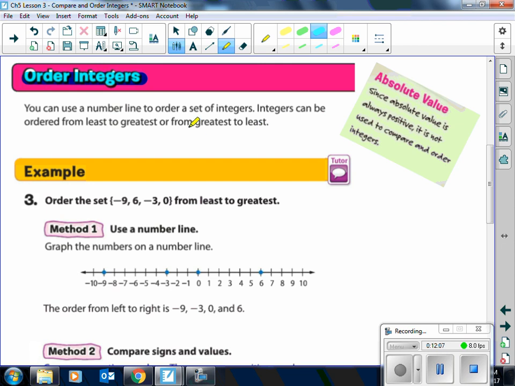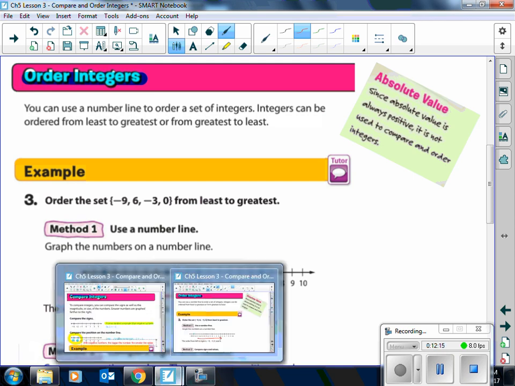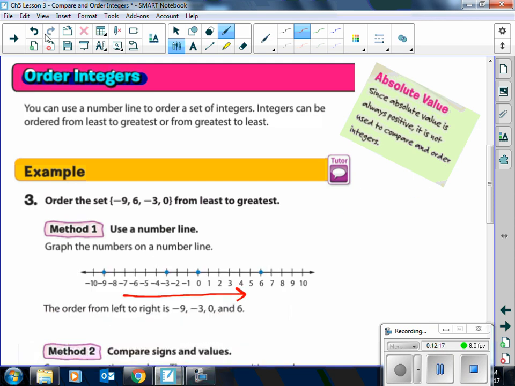If we're looking at a number line and going from least to greatest, then we look at the number line from left to right. Is everybody with me on that? If I'm putting the integers in order from greatest to least, then I'm going to look from right to left. Is everybody clear with that?